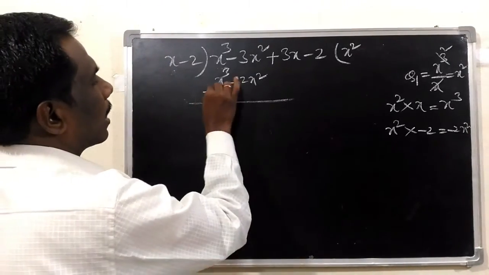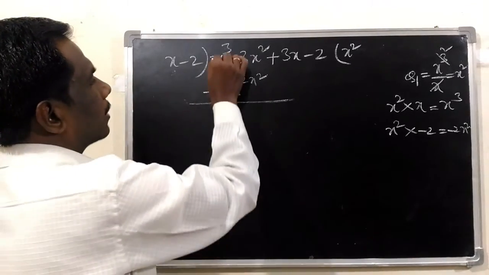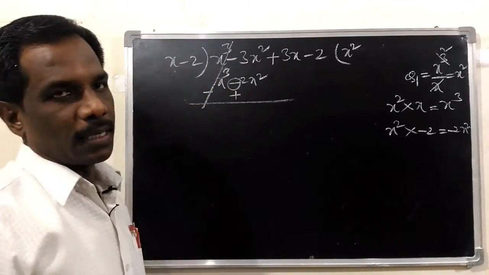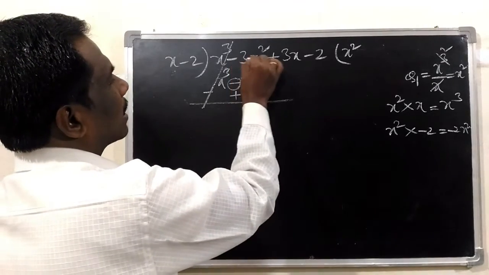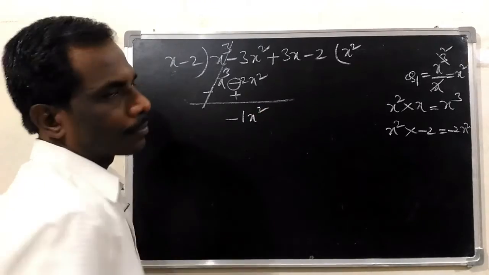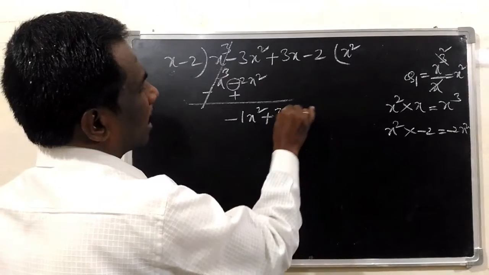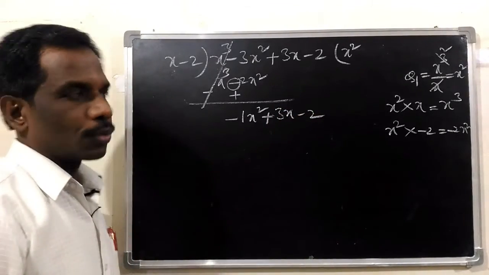Now change the symbols: minus becomes plus. x cube minus x cube just gets cancelled. Now minus 3x square plus 2x square is minus 1x square. Now we copy these two terms as they are, plus 3x minus 2.